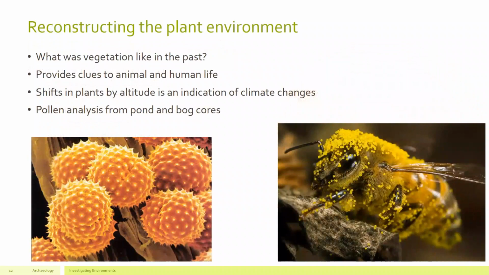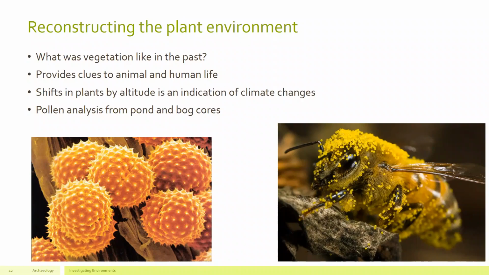If we want to reconstruct the vegetation environment, or the plant environment, we can answer that question. What was the vegetation like in the past? And we know that plant vegetation changes through time depending on levels of precipitation, temperatures, climatic conditions. They can shift. These provide clues to the different animals and ultimately humans on the landscape.